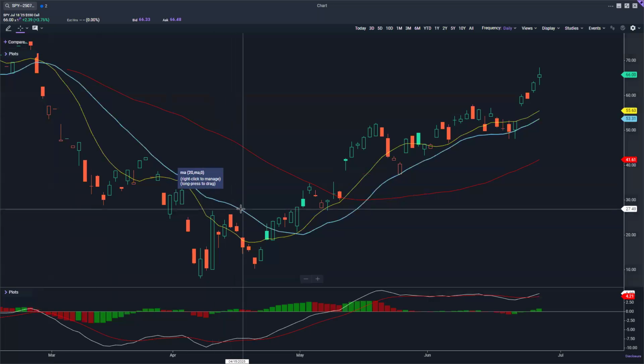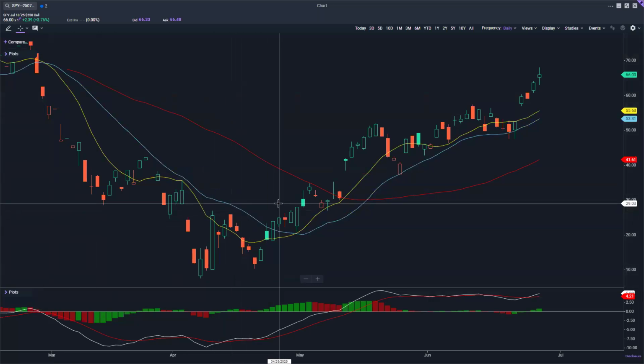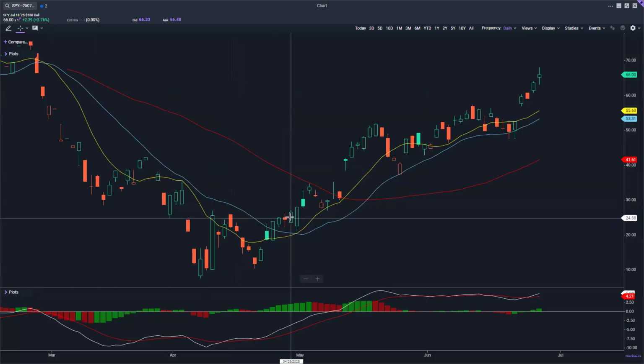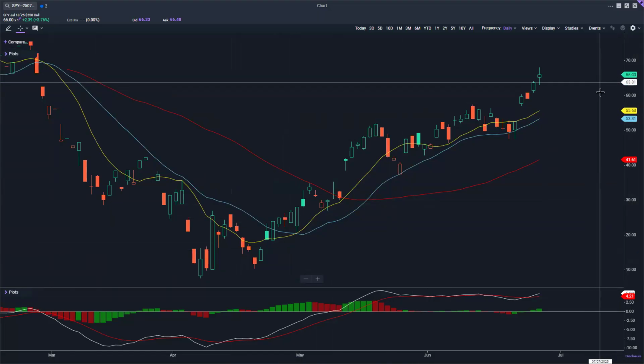So we come back down here on April 28th. Here's April 28th. She's at $23.62. Okay, look at what it's trading at right now. Right now, it's currently at $66.